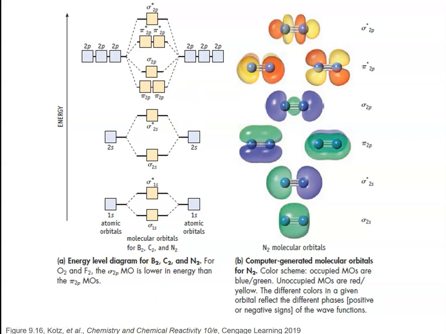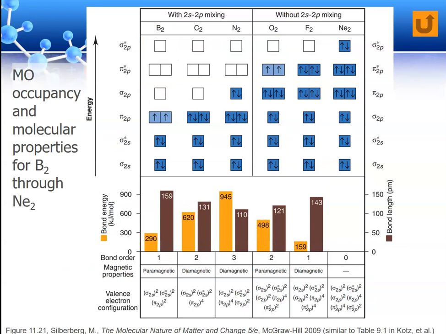This is a diagram from another textbook that I have, but I like it because it shows exactly what's going on with each of these elements as I progress along period 2. So this is boron, carbon, nitrogen, oxygen, fluorine, and neon.